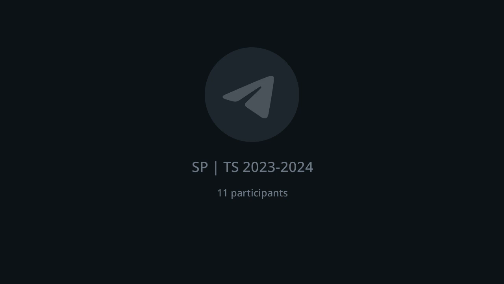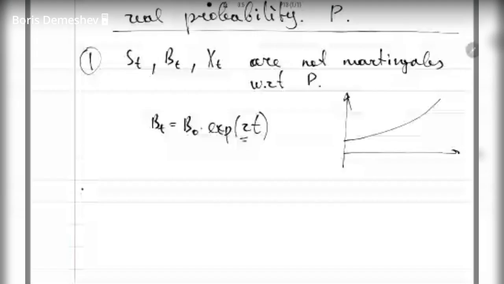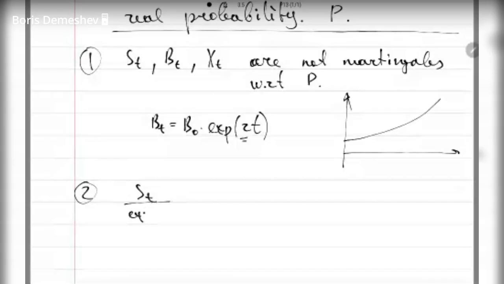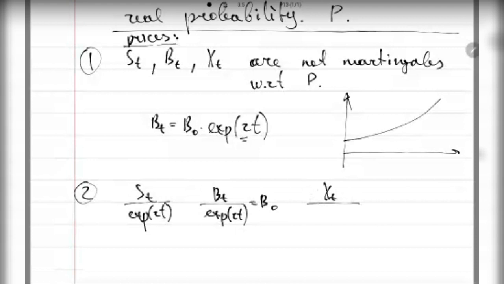So we consider discounted processes: S_T divided by exponent RT, B_T divided by exponent RT, which obviously gives B_0, and X_T discounted. These are prices of the share, the bond, and some tricky simulated asset.